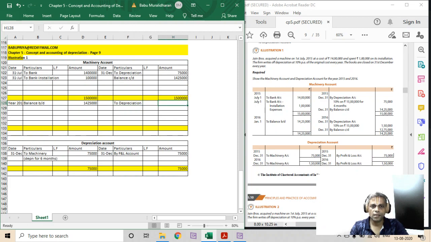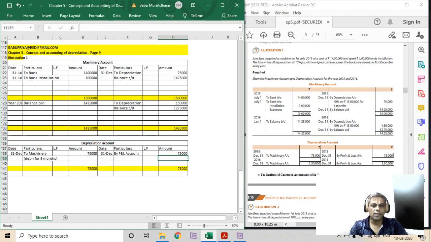Depreciation for the whole year is 15 lakhs into 10 percent, which is 1,50,000. So balance carried down in case of the asset account is 14,25,000 minus 1,50,000, that is 12,75,000, which will be carried forward to the next year as the beginning balance.